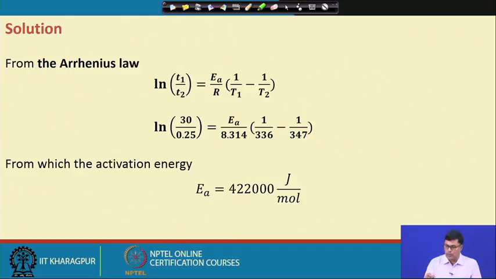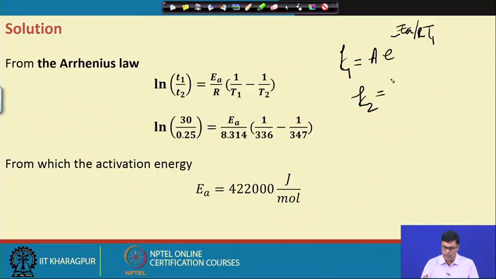Now, we know the Arrhenius equation. The Arrhenius equation is k equal to A e to the power minus EA by RT. At different temperatures we have different values, suppose this is k1 at T1, and you can write k2 equal to A e to the power minus EA by RT2. Am I right?